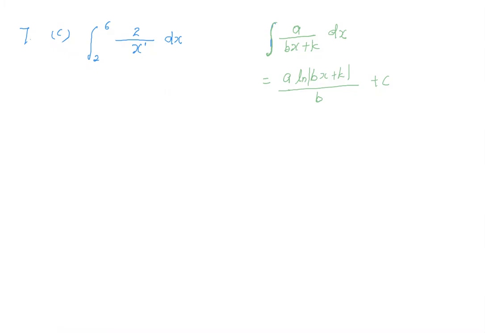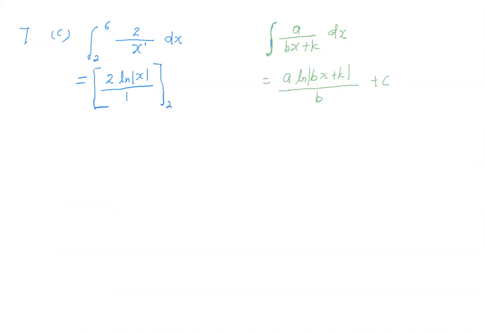So you have to keep talking to yourself. Okay, so thank you. Now for this one it is 2 ln modulus x. Even when dividing by 1, I get into the habit of doing that, so that I know I need to divide by a number.